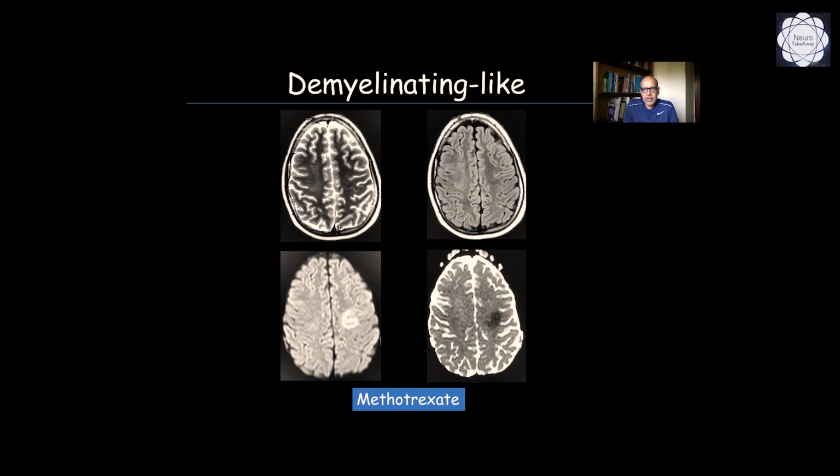And you can see on imaging that there is not much on T2 and FLAIR, but there is a clear focal lesion in the left centrum semiovale. This lesion is believed to be secondary to intramyelinic edema, and it is reversible in most cases after the withdrawal of the drug, but sometimes there is a tiny hyperintense signal that remains on T2 and FLAIR.